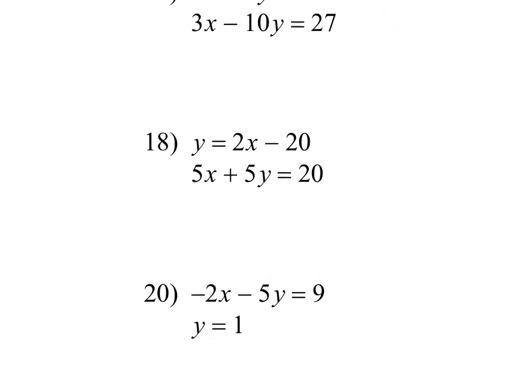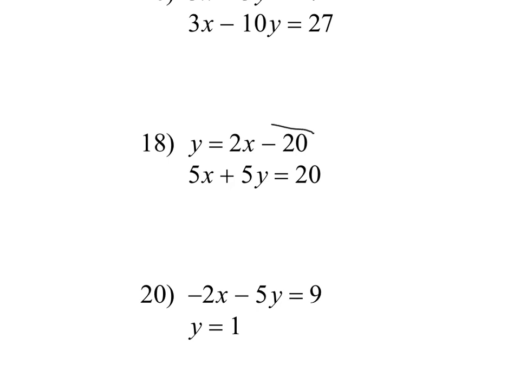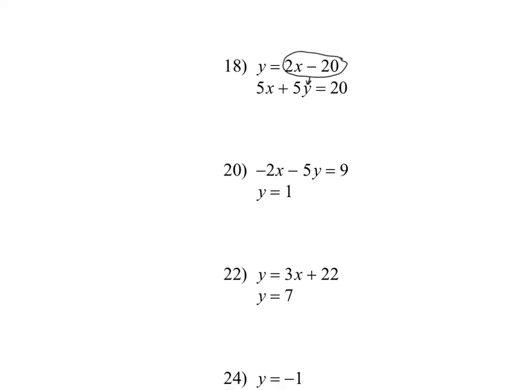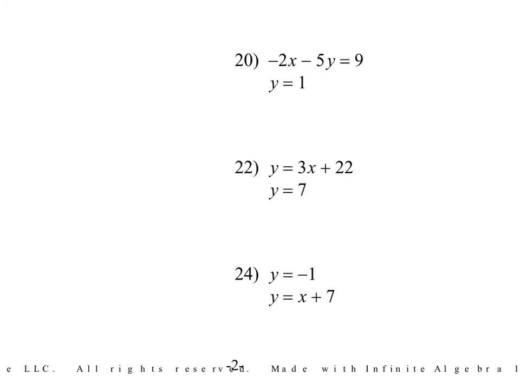But if you look at number 18, we already have y is equal to. So I can substitute that whole thing, 2x minus 20, in place of y. Okay, so you pick. I even have an easier set down here. Y is equal to 1. I already know one of the two values, so I can substitute that into there.